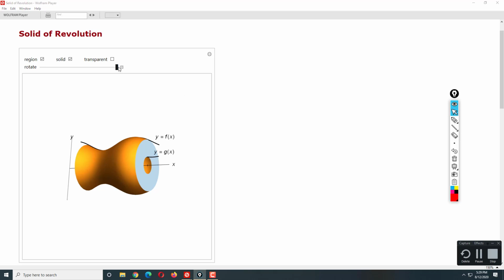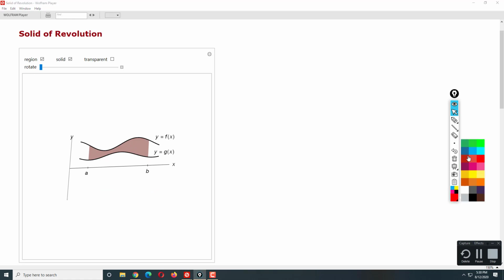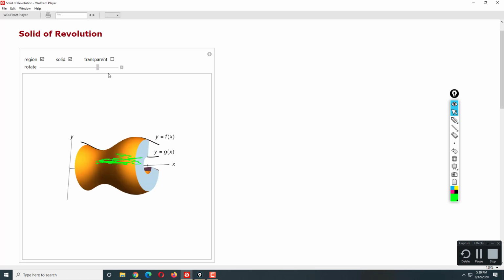Again, it's formed from rotating like this. But we see that there's a hole in the middle of the washer. What we're really doing is the region between f of x and g of x gets rotated, but this area between g of x and y equals 0 does not get rotated. Okay, so this area does not get rotated.